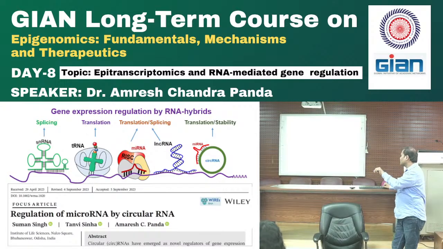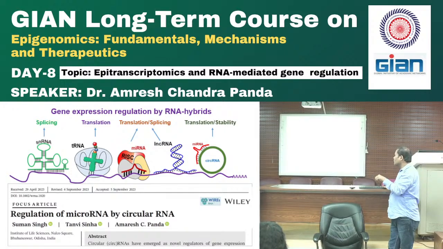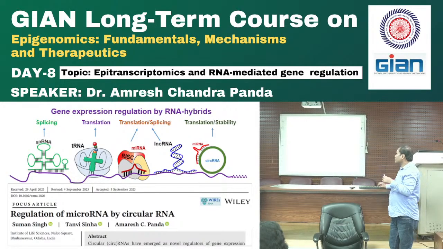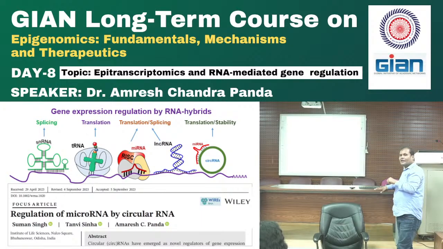Now, recently this is from our lab, in 2023, we published a review on microRNA regulation by circular RNAs. Okay, so what happens is anytime you have microRNA and the mRNA, you assume microRNA is inhibiting, so you have low microRNA here, you have a high number of mRNAs, or in the other condition you have high microRNA but you have a high number of circRNAs.